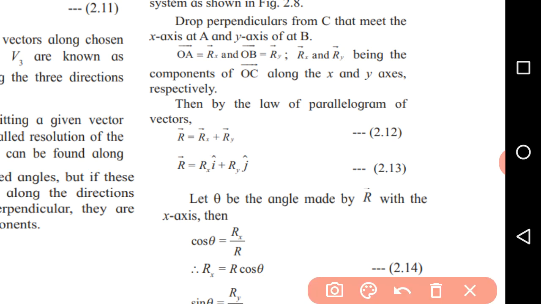You can write this same term in the terms of this equation in the terms of unit vector, as i cap is the unit vector along the x axis and j cap is the unit vector along the y axis. Then you can write vector R is equal to Rx i cap plus Ry j cap.